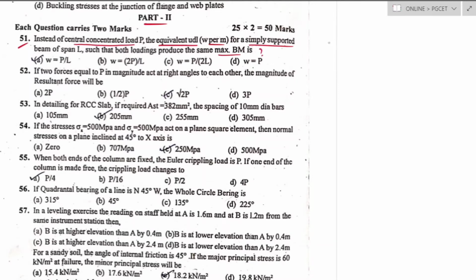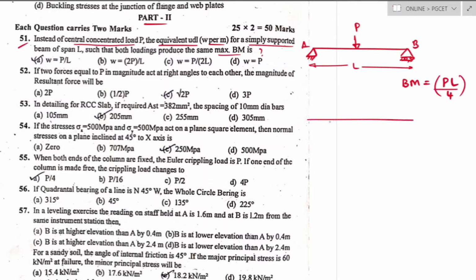So for a simply supported beam of span L with the central concentrated load P, the maximum bending moment is given by PL divided by 4.